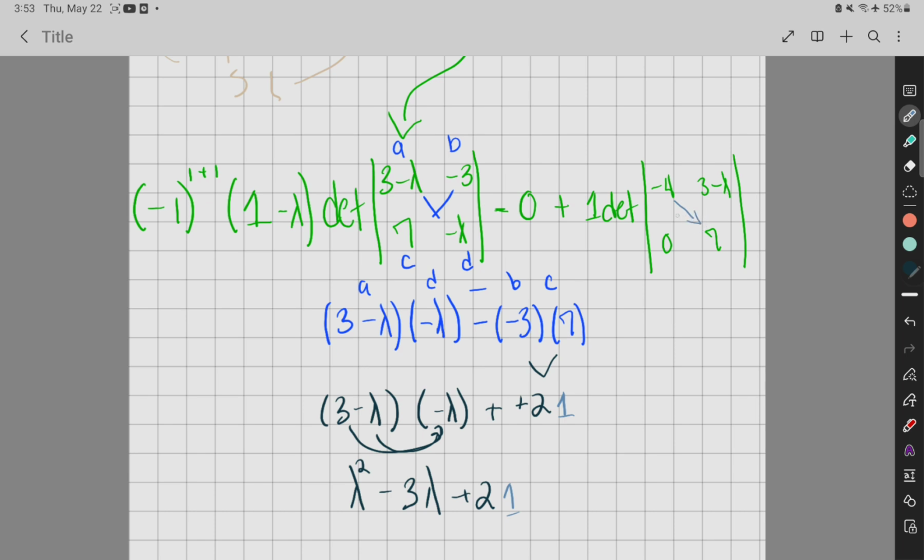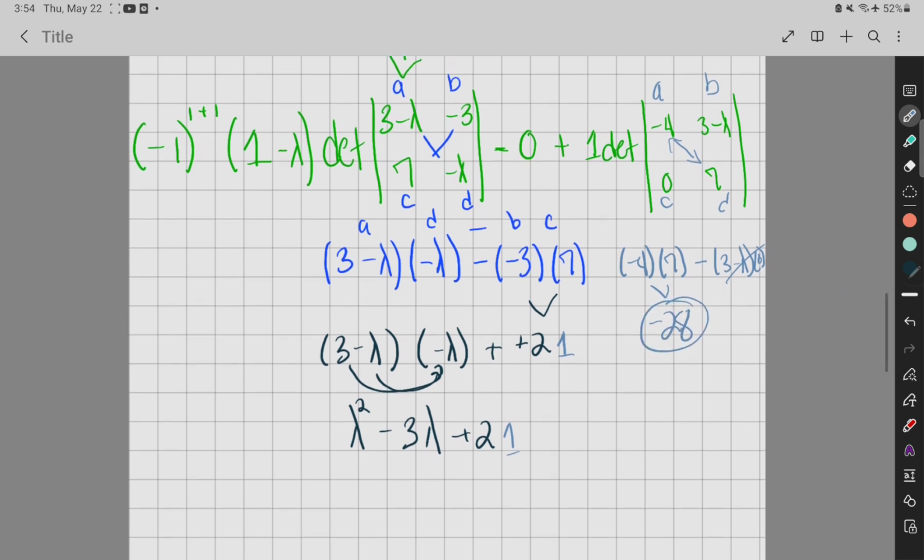So you're just doing the A times B minus C times D. And then you're just doing -4 and 7 minus 3 minus lambda times 0. This would just go to 0, and then you would just have -28 here.